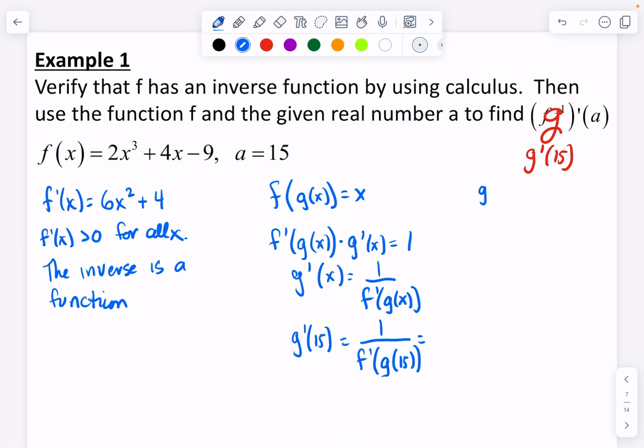If I'm trying to find g of x where 15 is some y value, remember g and f are inverses, so they've switched values. So I'm trying to find when f of x equals 15.